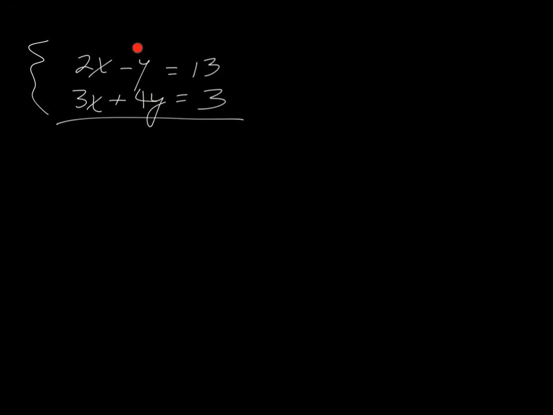Well, it would be real easy for me to make this number a 4. What would I have to do to make this a 4? If I multiply the entire equation by a 4, look what happens. 52.